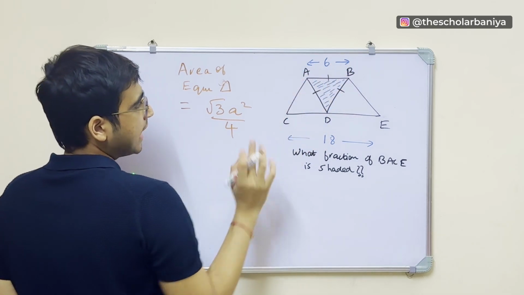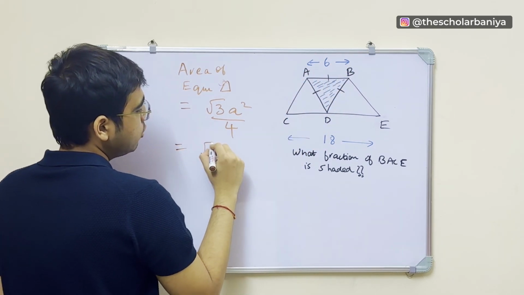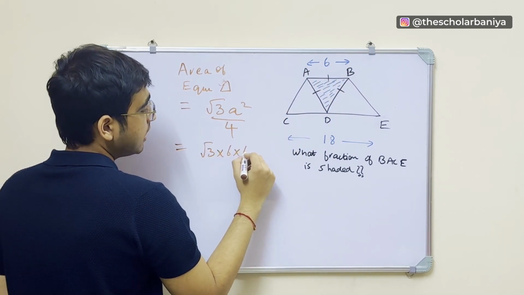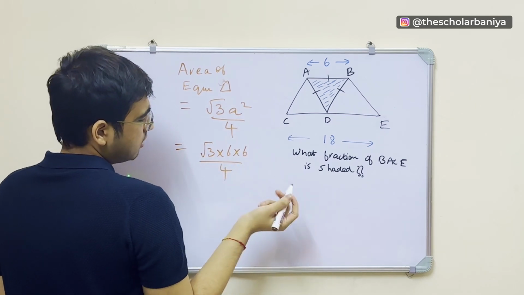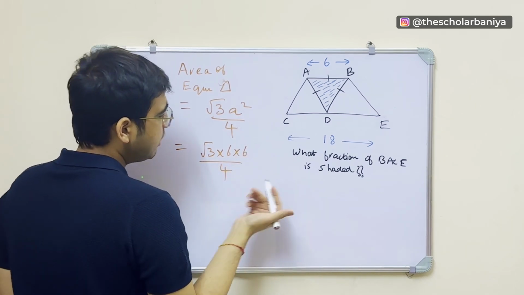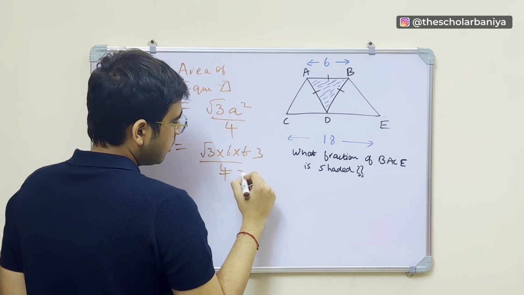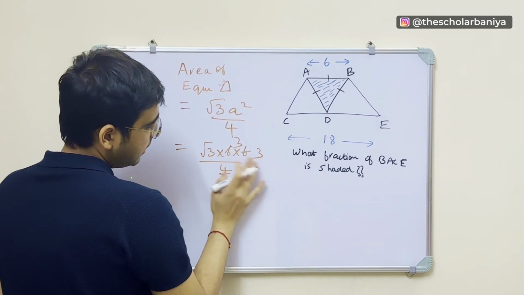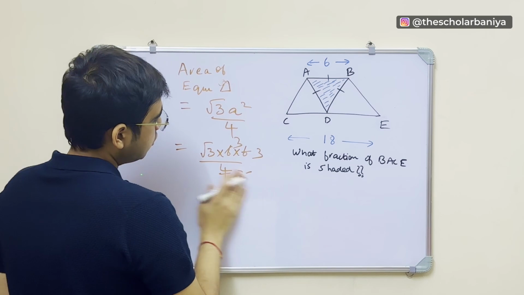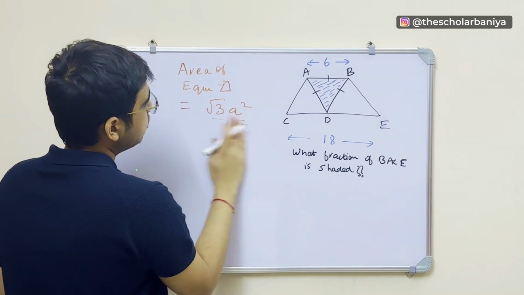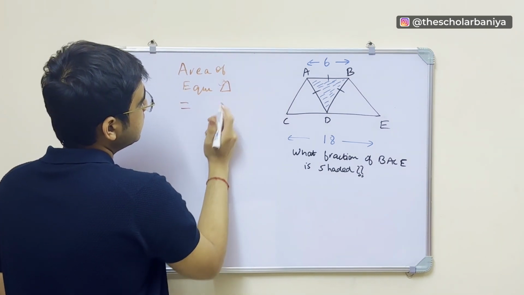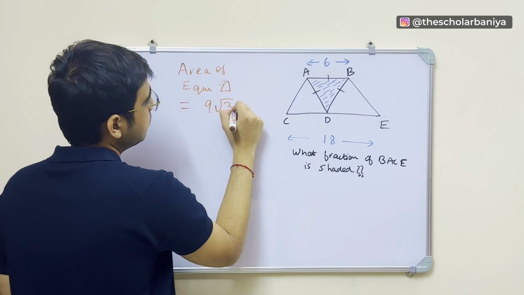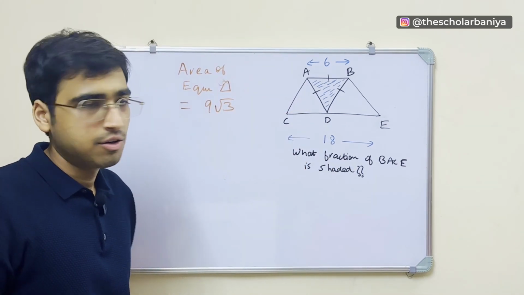So if we put the side over here, this comes out to be root 3 into 6 square upon 4. There's no need to solve, but if we solve it, this comes out to be 9 root 3. So the area of the equilateral triangle is 9 root 3.